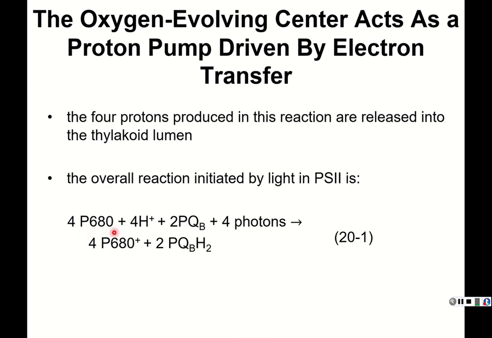So our overall reaction initiated by light in photosystem 2 here, we have 4 P680s plus 4 protons plus our 2 plastoquinones plus 4 photons of light goes to 4 excited state P680s plus 2 reduced plastoquinones.